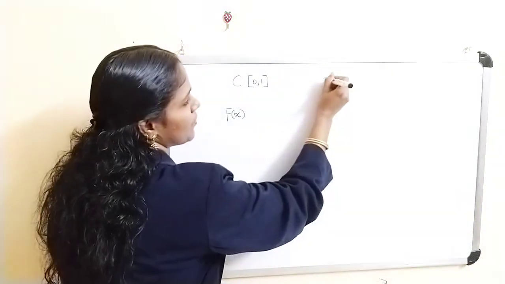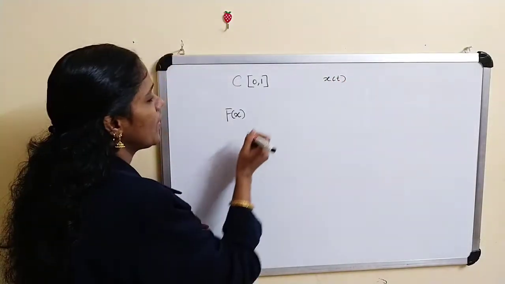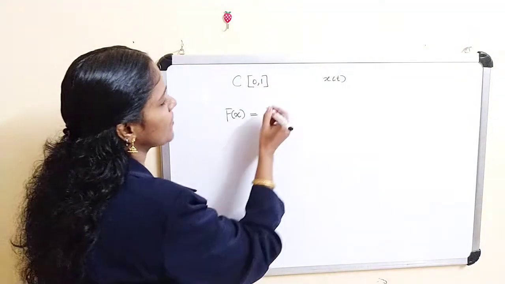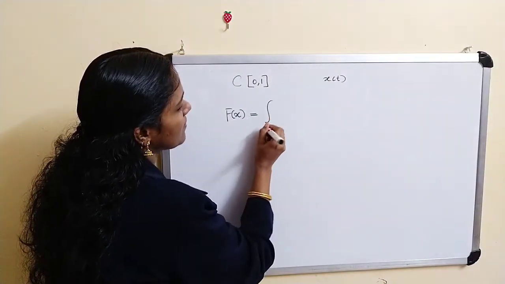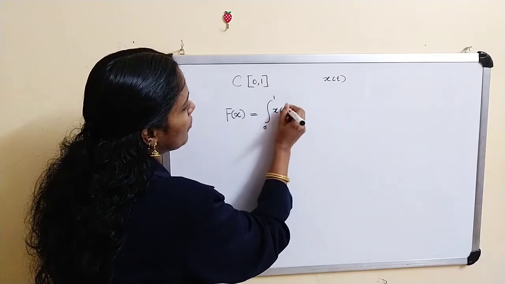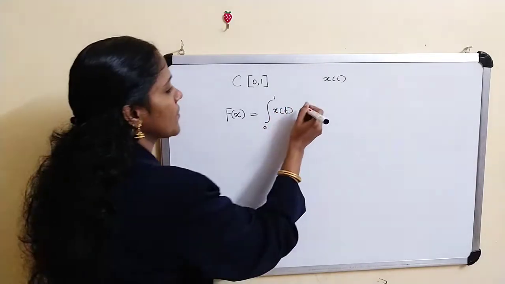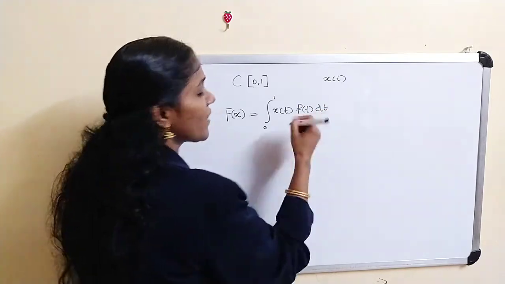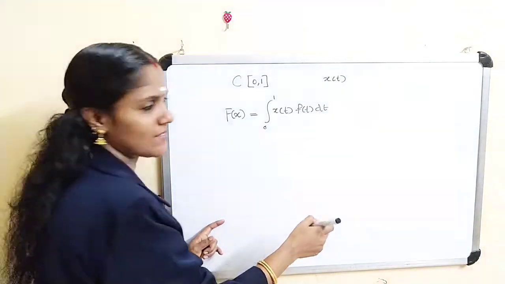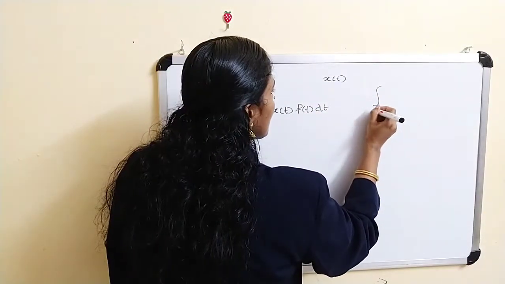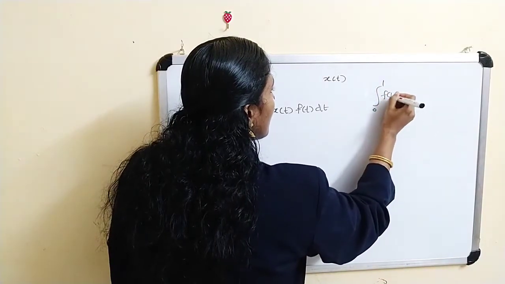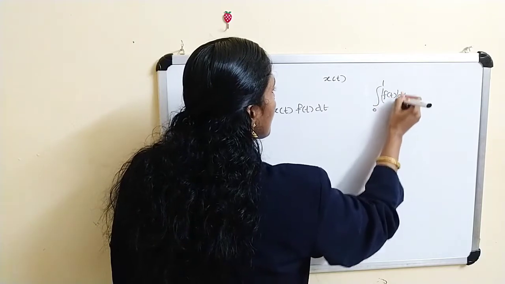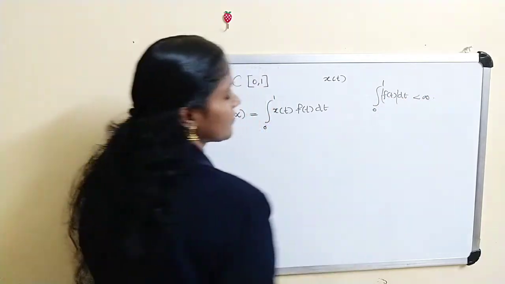Now define capital F of x, a linear functional, as F of x equal to integral 0 to 1 of x of t into f of t dt, where f of t is any integrable function, that is, integral 0 to 1 of |f of t| dt is less than infinity.